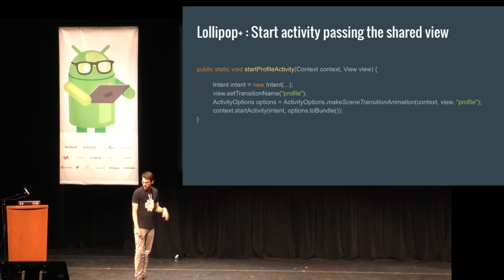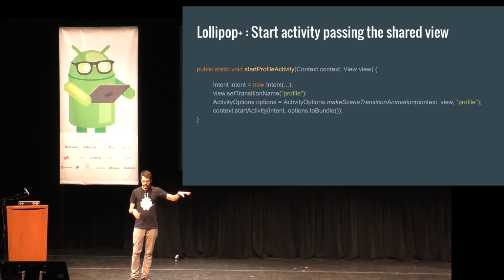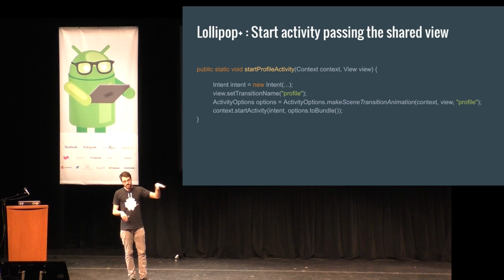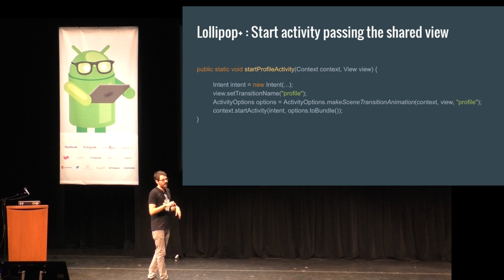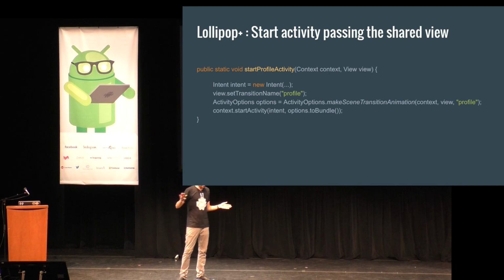So here it is profile. And that tag you have to set to the original view in the first activity with setTransitionName. That's also a new API. And you have to set the same tag to the destination view in the second activity. Pretty straightforward so far.